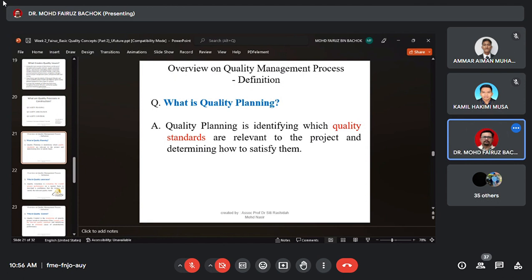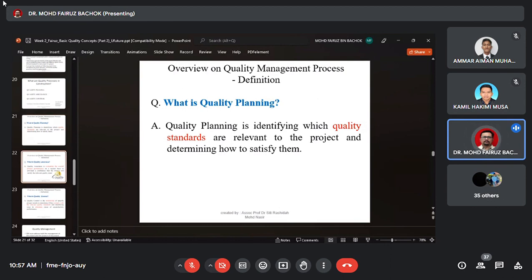This is the quality planning. You need to sit with all the team working with you and plan step by step. After you complete the work, what is the next work that needs to be done? That's what is meant by quality planning.